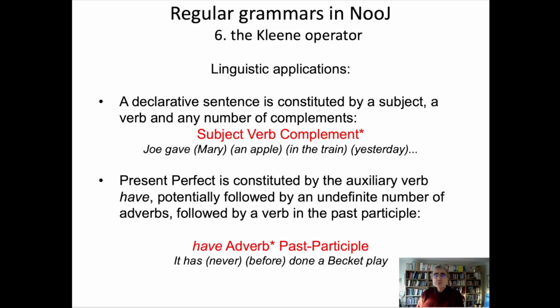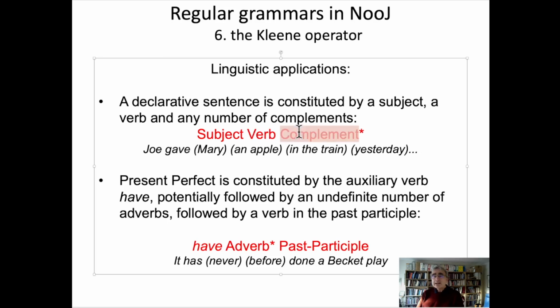So for example, let's say I want to describe all the declarative sentences in English. So I could write something like, I want a subject followed by a verb followed by any number of complements, including 0.